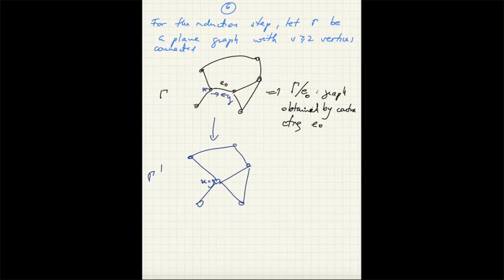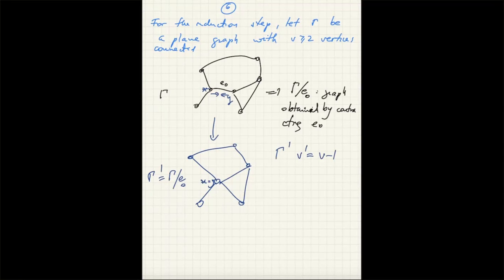Now, this is gamma prime, which is gamma where you contract E0. In gamma prime, what's the number of vertices? Well, V prime is V minus 1, because X and Y, we had 2 vertices before, and now we have just 1. What happened to the number of edges?